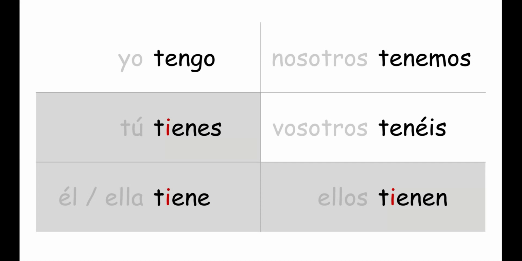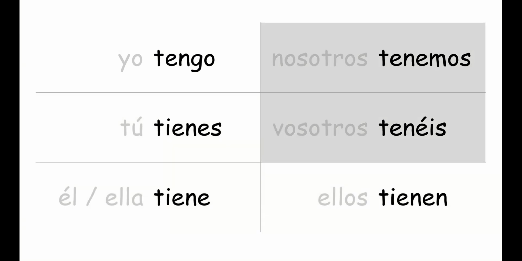And if you're familiar with stem-changing verbs, it's because tener is, in a sense, a stem-changing verb. If you don't know what that means yet, don't worry. Just remember that you need to put an I in these 3 different forms of tener. And then finally, the nosotros and vosotros forms of tener don't have anything weird with them. You're going to add the normal ER endings, hemos and es.